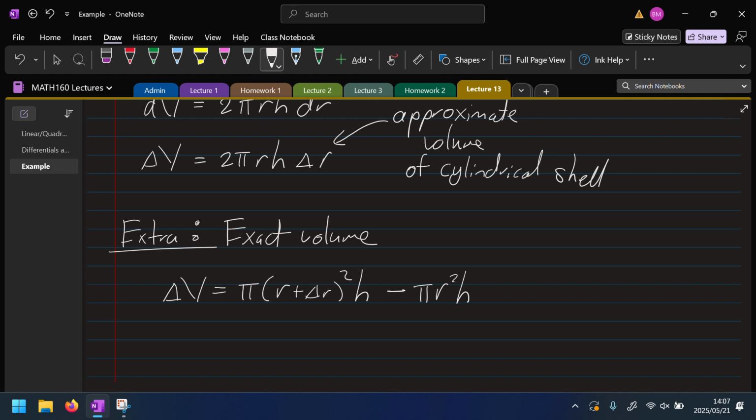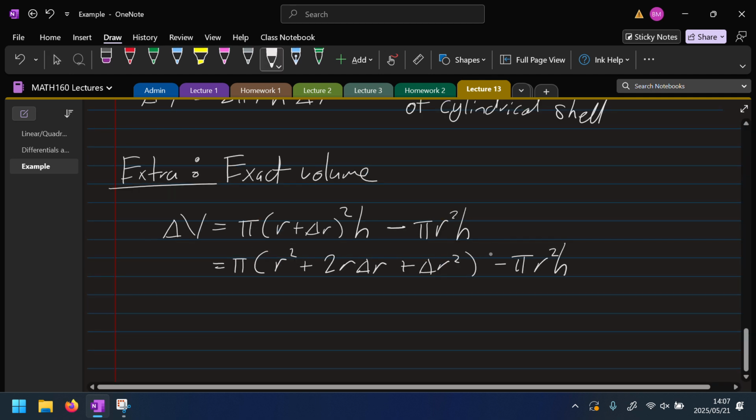We've got this thing squared, so let's expand that out. That's going to be pi (r squared plus 2r delta r plus delta r squared) h. The pi and the h we can multiply inside.